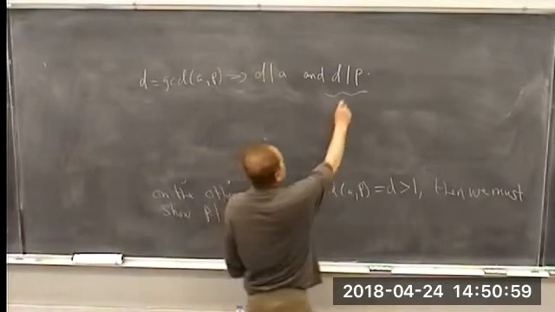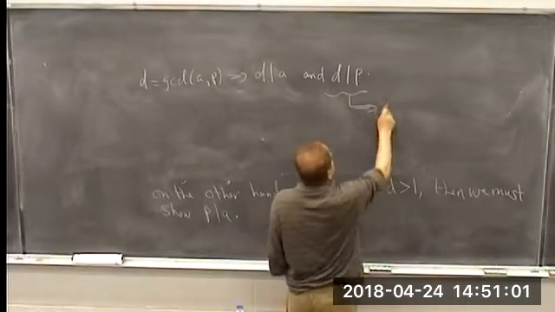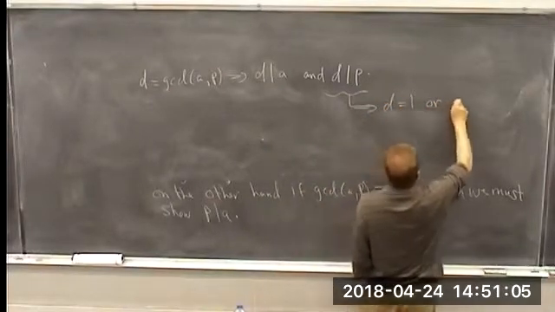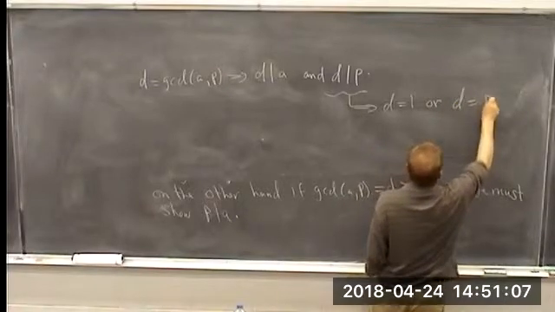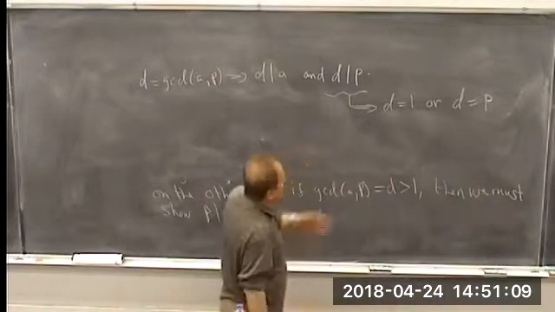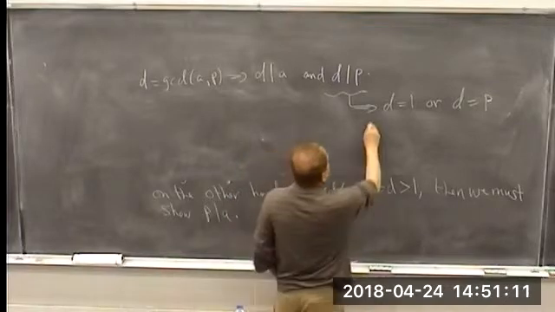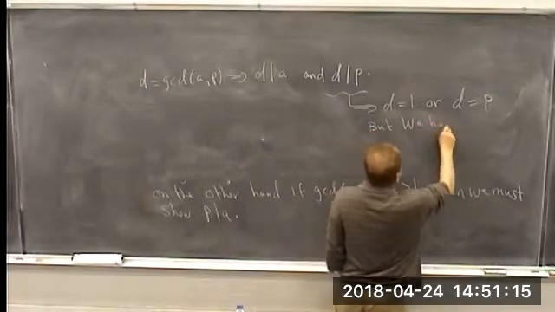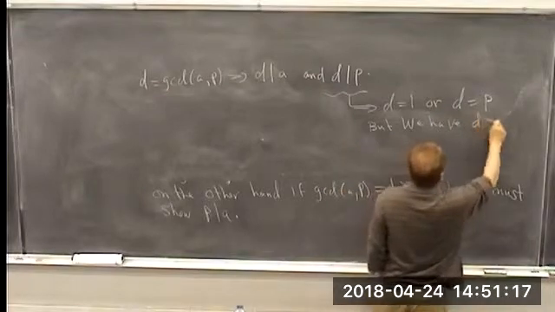So this implies that D is 1 or D is equal to P. But we are assuming that we have P bigger than 1.